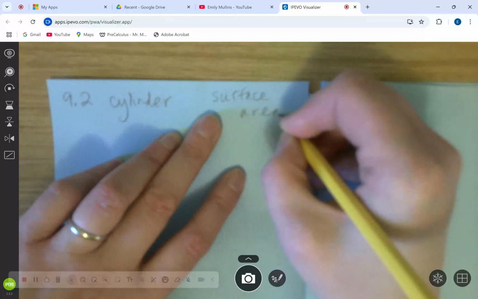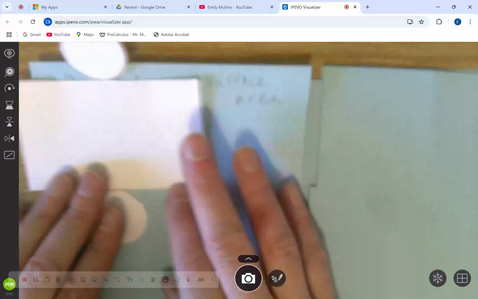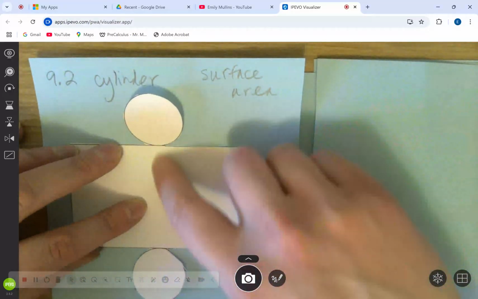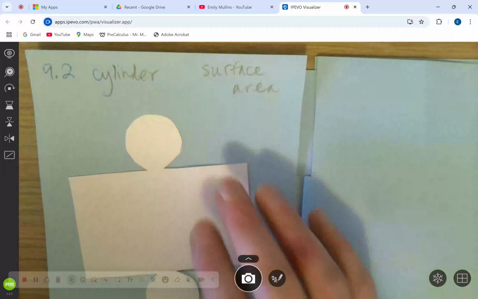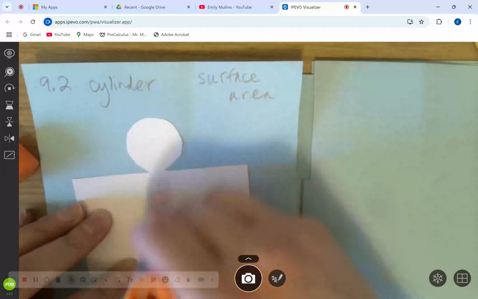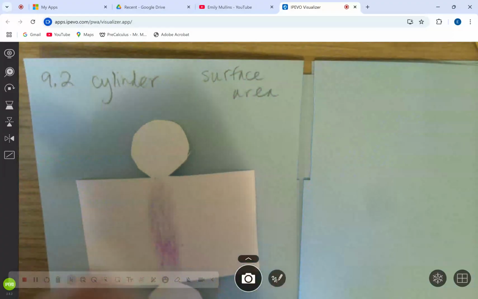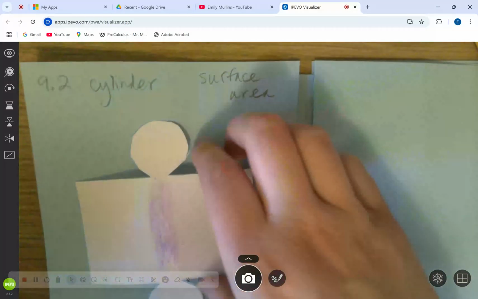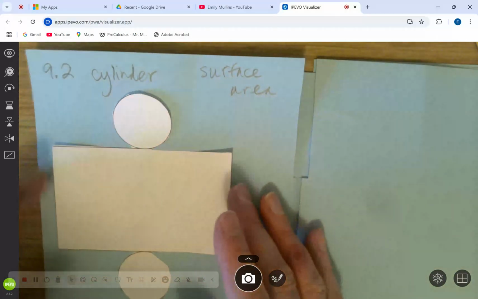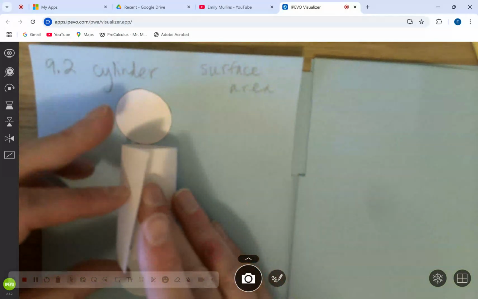And this one's a little bit trickier to glue down. So what I'm going to do to glue it is glue a strip right here between my two circles. So I'm going to turn this over and put the glue along this line. And I'm going to glue that down. And then I can see how we can roll this up.